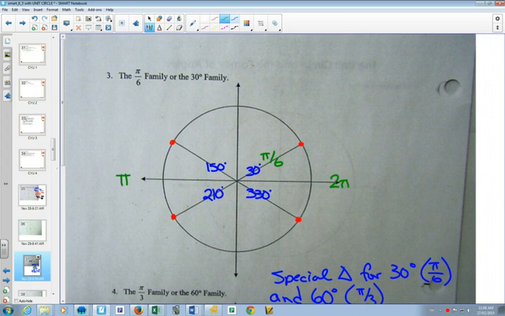You're going to have to do pi minus pi over 6 to find the one in quadrant 2, and pi plus pi over 6 to find the one in quadrant 3. And what's really going to help you is to think of pi for the pi over 6 family as 6 pi over 6. Does that make sense that 6 pi over 6 is the same as pi? And 12 pi over 6 is the same as 2 pi.